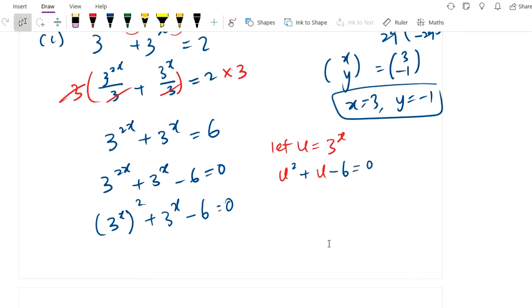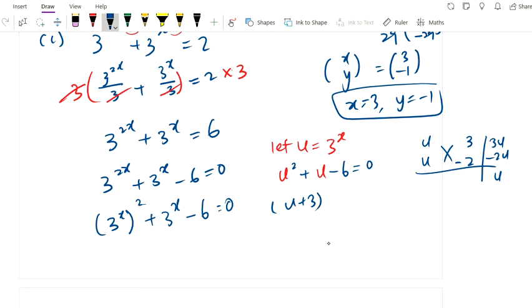And this is actually factorized with 2 and 3, negative: 3u, negative 4u, we have u in the middle. So (2u minus 3)(u plus 2) equals 0, giving u equals 3 over 2 or u equals negative 2. And remember, just now you let u equal 3 to the x. So 3 to the x equals negative 2, or 3 to the x equals 3 over 2.